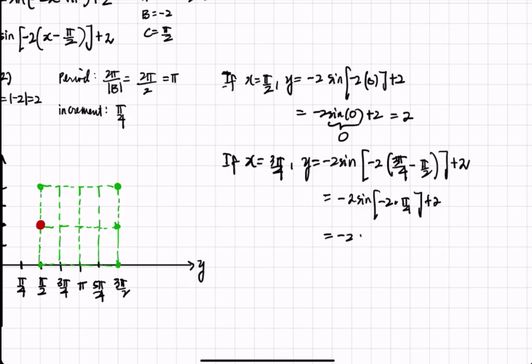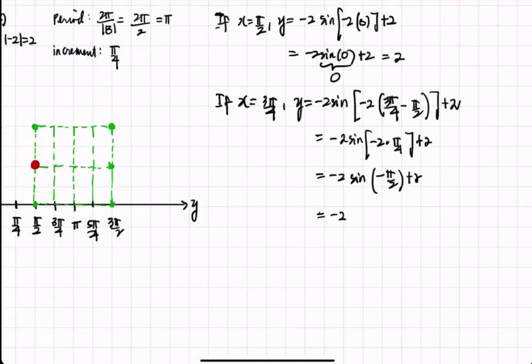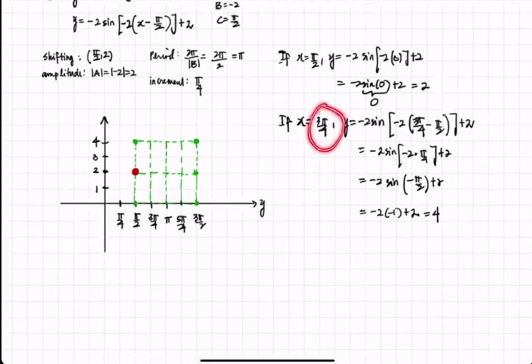So, we get negative 2 sine ng negative pi over 2 plus 2. What is sine negative pi over 2? Ano itsura nun? This is negative pi over 2. Tatama sa y negative 1. So, ang sagot dito ay 4. So, when x is 3 pi over 4, y is 4.